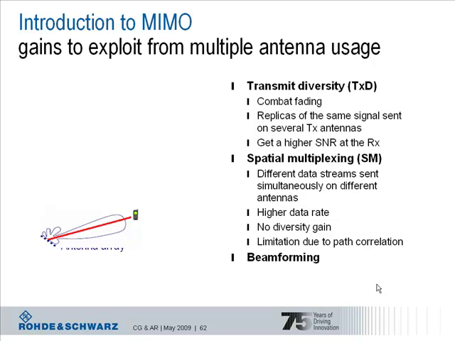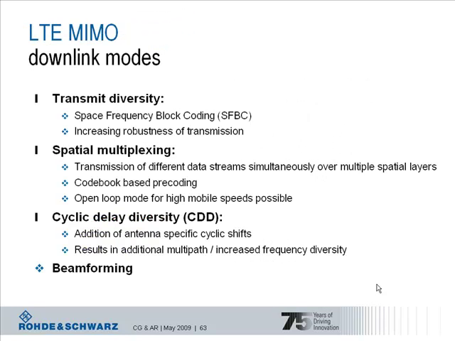Beamforming is also supported in LTE, and it is especially beneficial for TD-LTE, the TDD mode, because of the reciprocity of uplink and downlink channels in TDD operation. This means that the uplink transmission from the mobile can be evaluated by the base station, and the necessary adaptations on the beam pattern in the downlink can be derived from this uplink transmission.